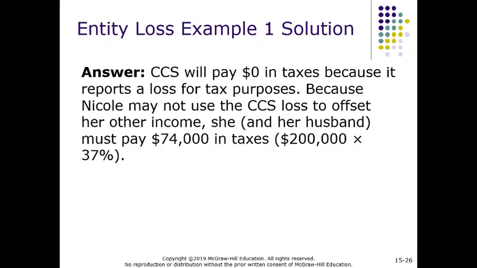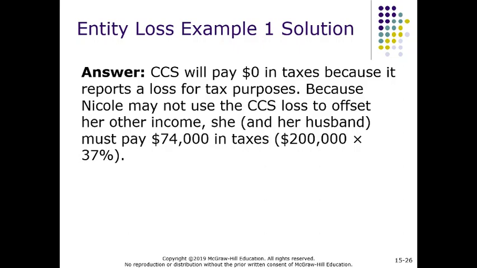But the bad thing about C corps is Nicole and her husband don't benefit from the loss. It just sits there in the corporation until they get income in later years to offset.